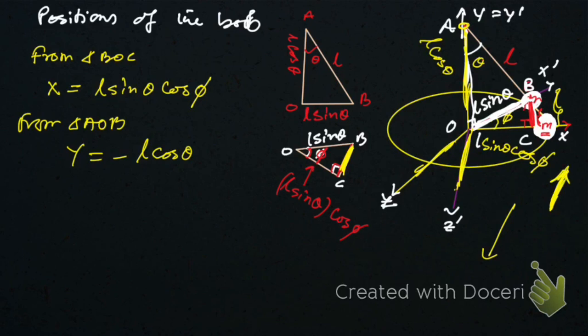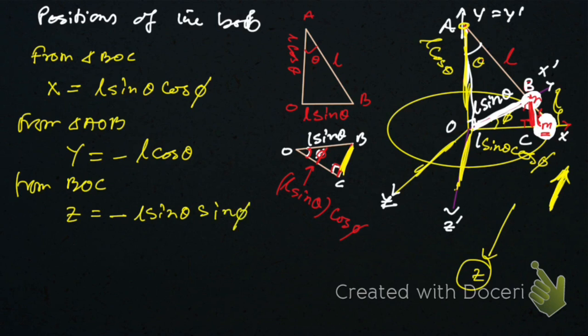That's why, from triangle BOC we get that z will also be taken as negative L sin theta sin phi. We're going to take it that way.